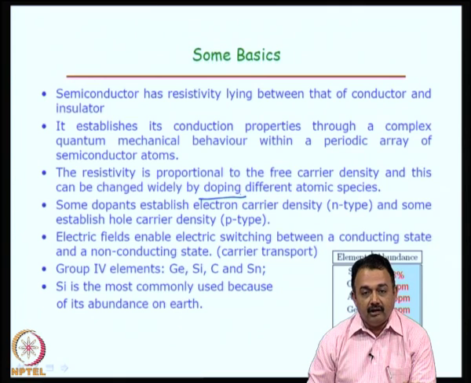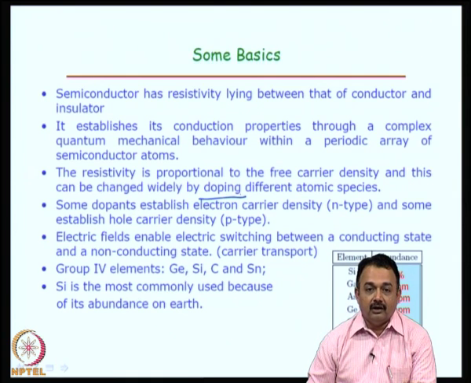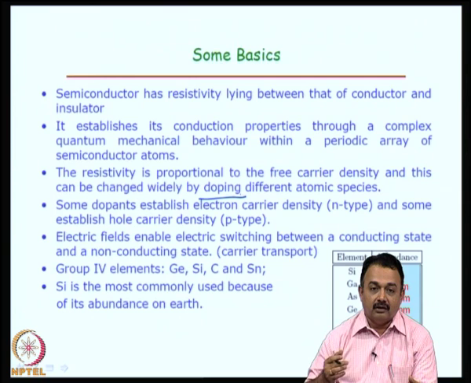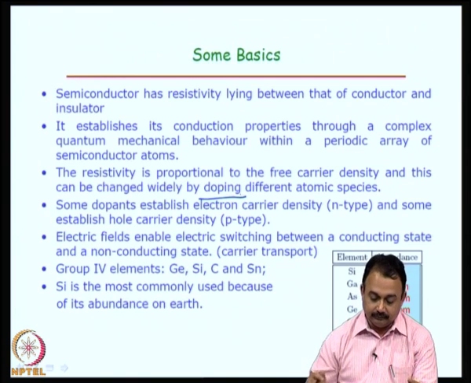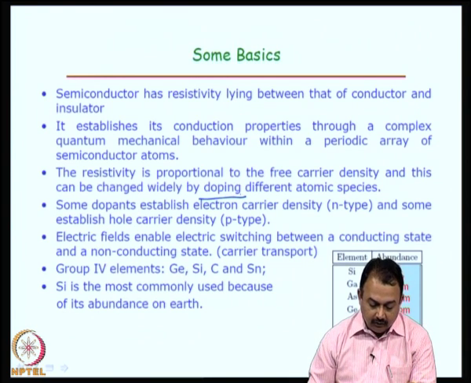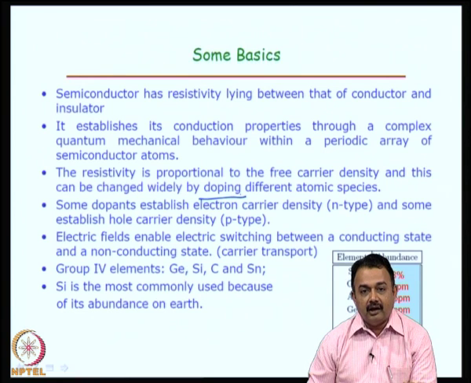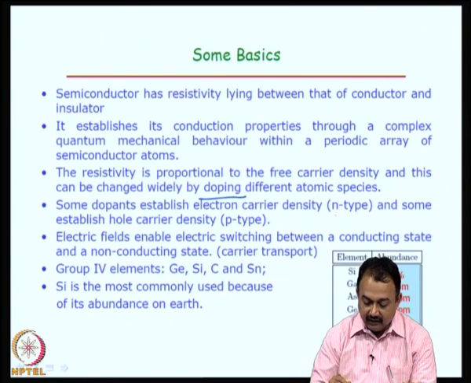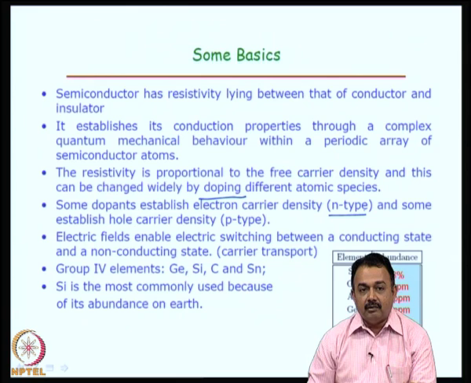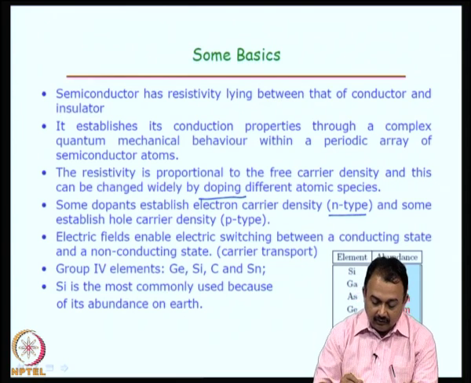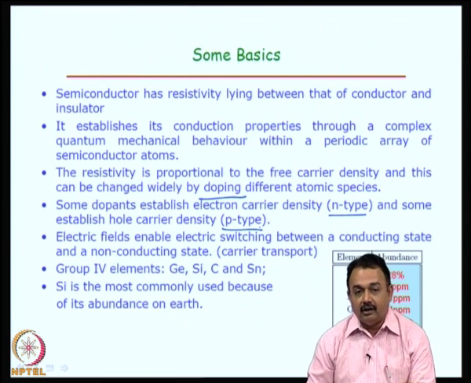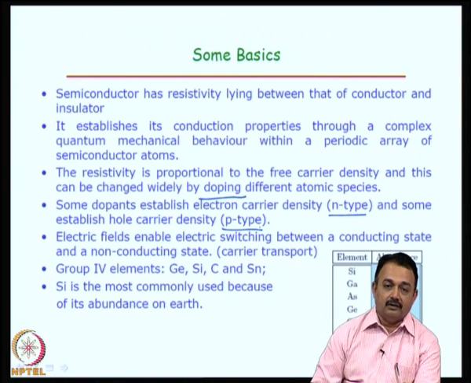Selecting the dopant again becomes a critical thing to define the carrier density and the electron mobility that you can improve upon compared to basic silicon. Some dopants establish electron carrier density, so you can call them N type semiconductors, and some establish hole carrier density, you can call them P type. I think all of you are very aware of this basic classification of semiconductors.